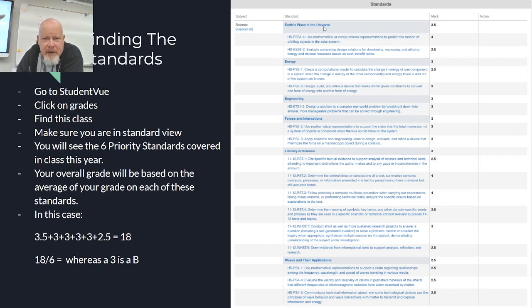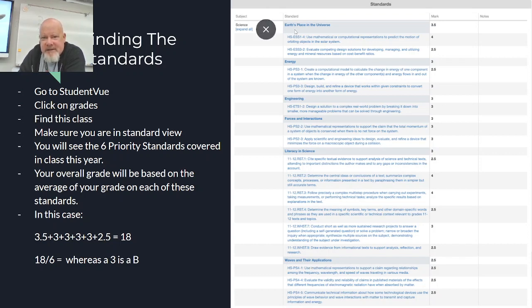Notice that highlighted in gray and written in bold are what's called the priority standards or reporting standards. These are the standards that are calculated to determine your overall grade.